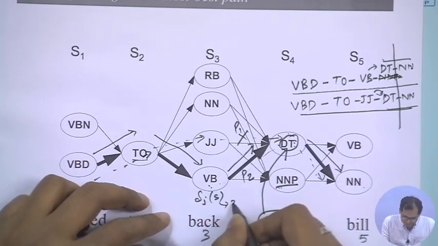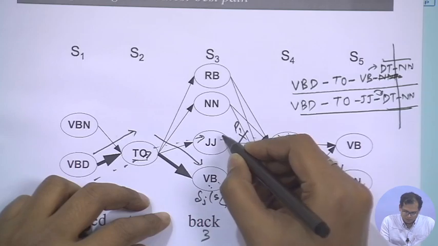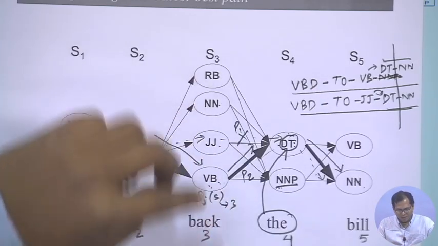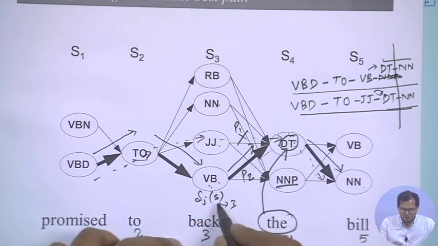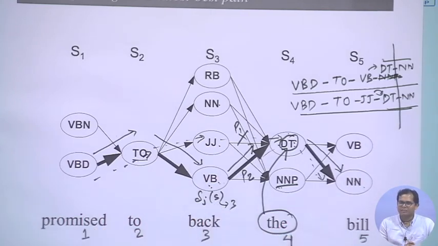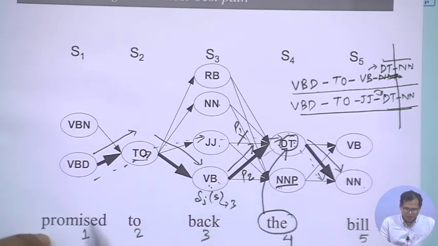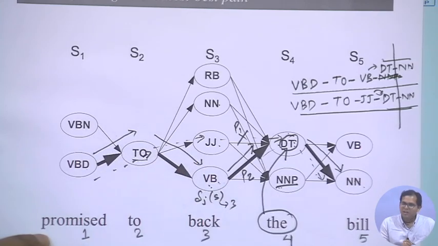Here s is 3 and j is my state. It can be VB, JJ, NN and RB. So I have stored for all these 4 different part of speech tags the cheapest cost of arriving at this point. What does that mean? I know at this point which path is better, VBD TO VB or VBN TO VB.